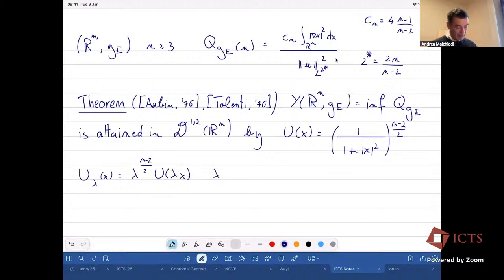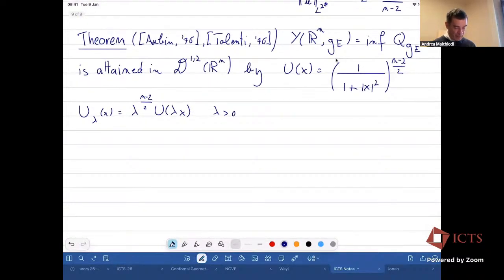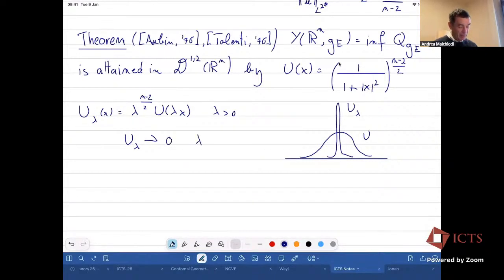Here lambda is a positive constant. In this way, we get a family of minimizers. So u is like this, and u_lambda, when lambda is large, would be like this. And when lambda goes to infinity, u_lambda is still a family of minimizers, but it converges weakly to 0.